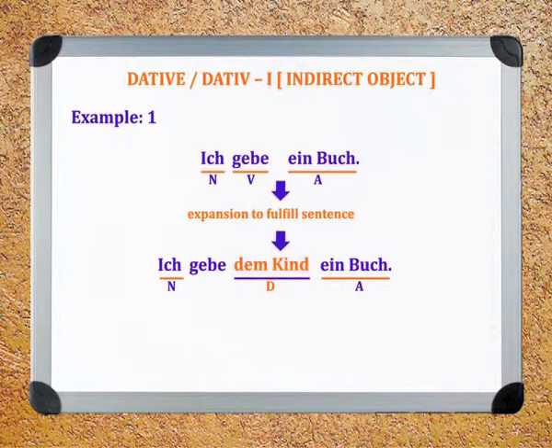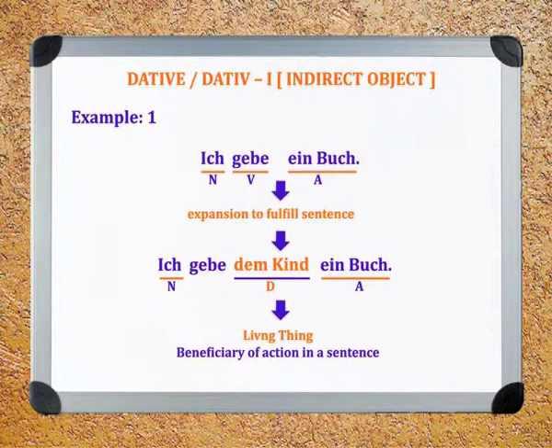If you go back to the aspects of dative, you can see that dative is almost always a living thing. And here dative is the beneficiary of whatever happens in a sentence. That means the act of giving is received by the child.